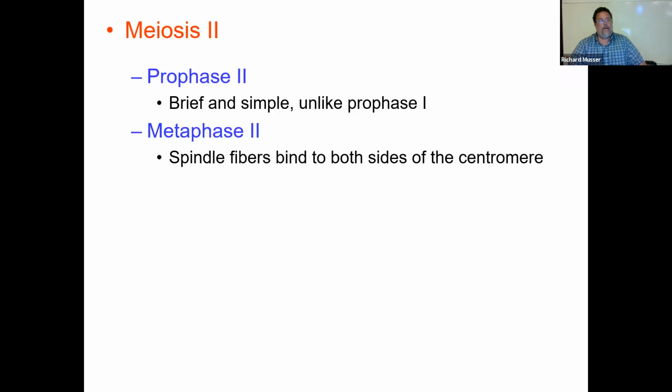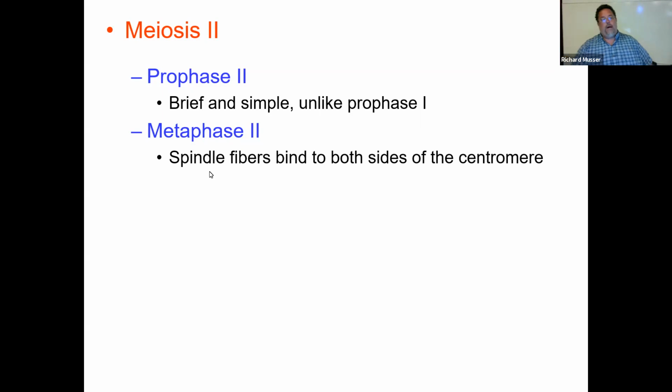So again, prophase 2, appearance-wise, looks more like mitosis. Prophase 2 is much simpler than prophase 1. Remember prophase 1, you got the sister chromatids crossing, all sorts of stuff. It's much shorter in meiosis 2.